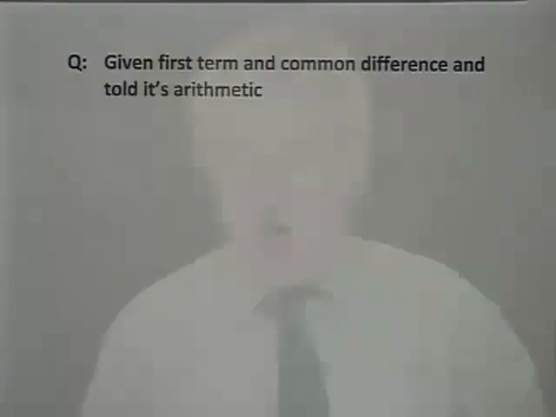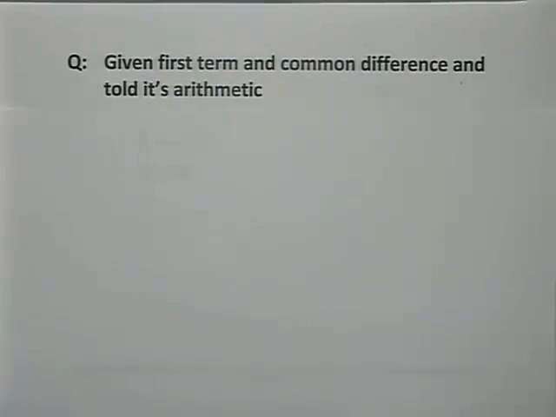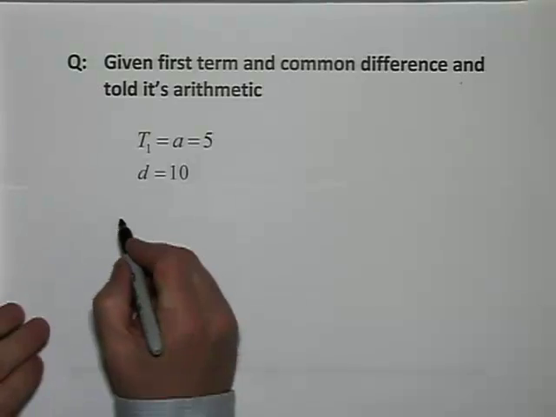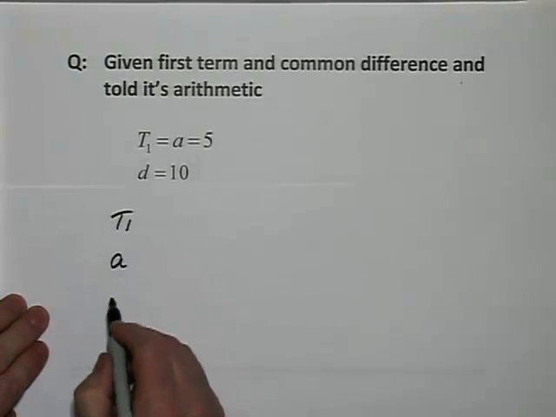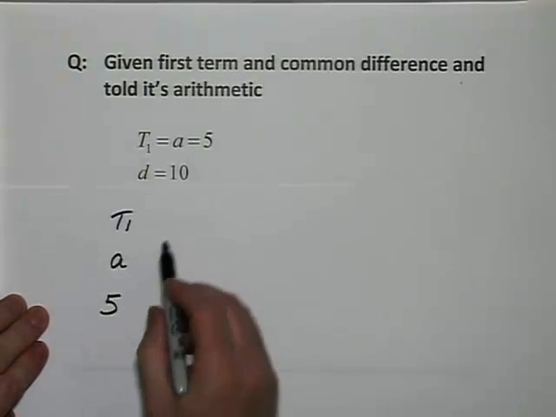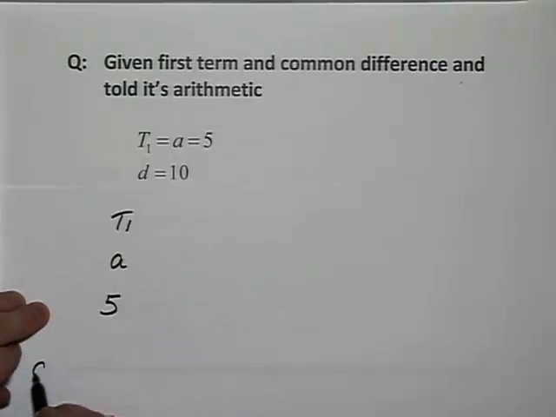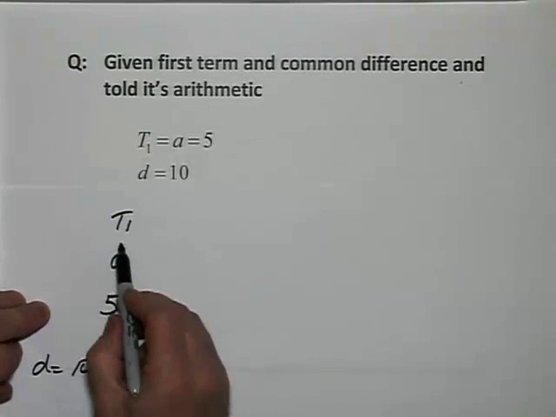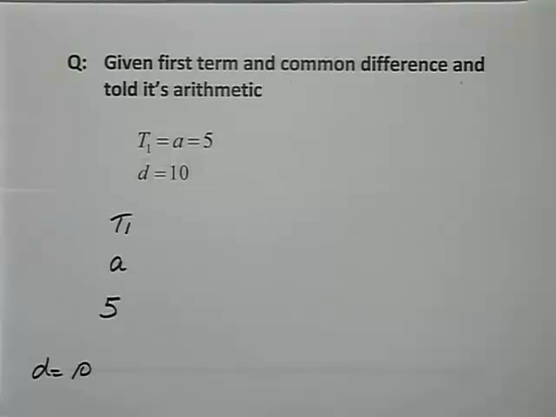So here you're told the first term and the common difference, and you're told it's arithmetic. Actually, we're only going to give you T1, A, of 5, and we're going to say that D is 10. How do we solve that one?